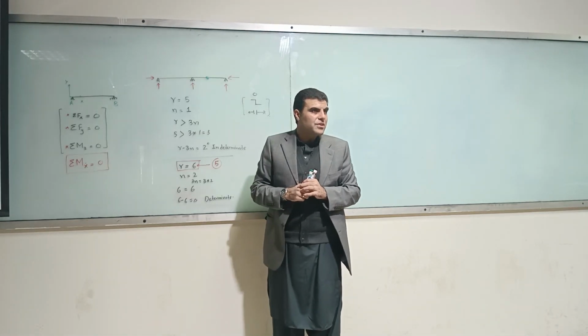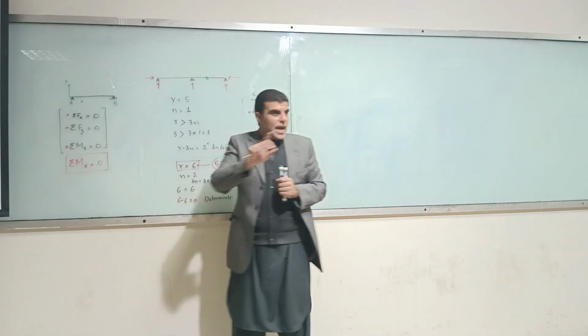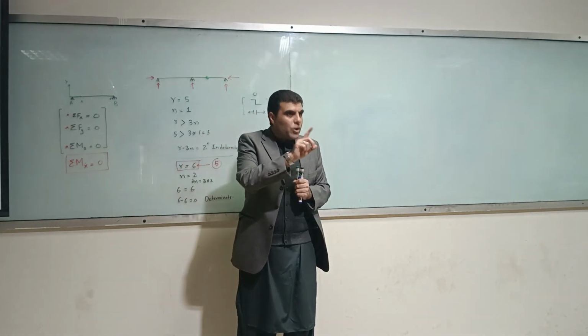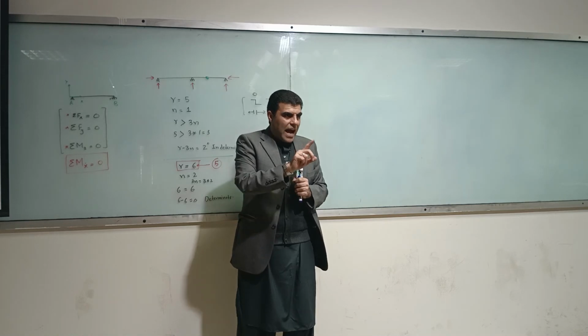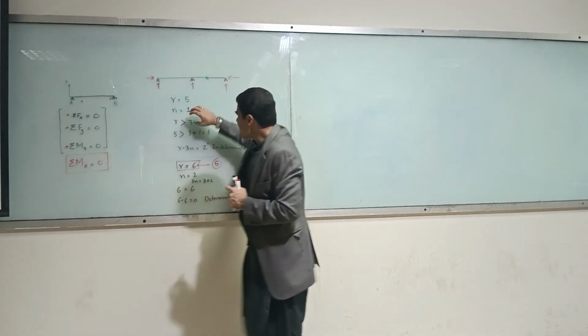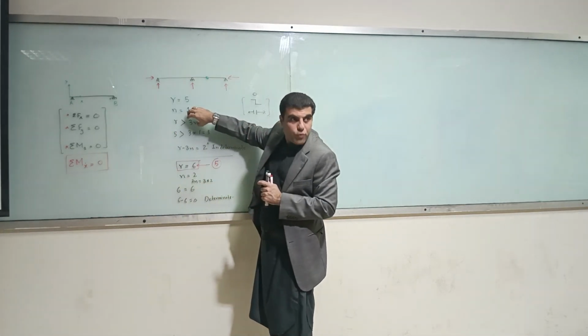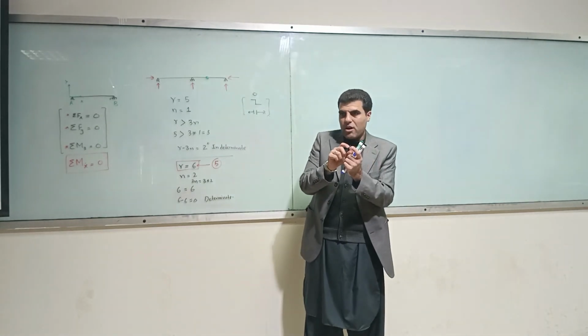Yes. Sir, because of these three equations it is 3n, right? If the equation increases, it should become 4n. No, you will have 4 equations. You will have 4 equations. So this thing must be equal to 4. This is 3n because you have got 3 times the number of members.